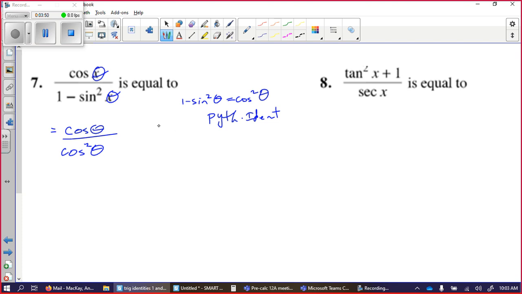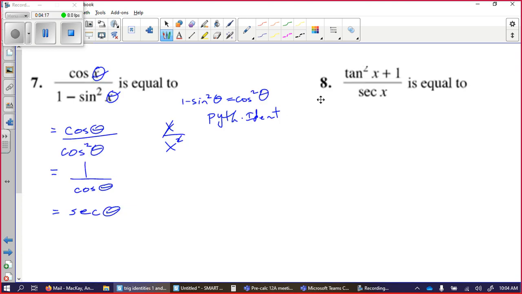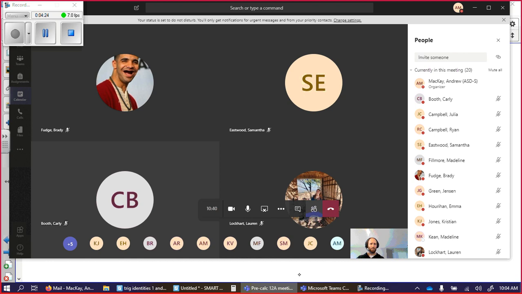Like x over x squared, one of those cancels, so this is left with 1 over cos of theta. 1 over cos is the same as secant theta, which should be one of the answers, and that's what these questions are looking for. It's quick, but does that make sense?